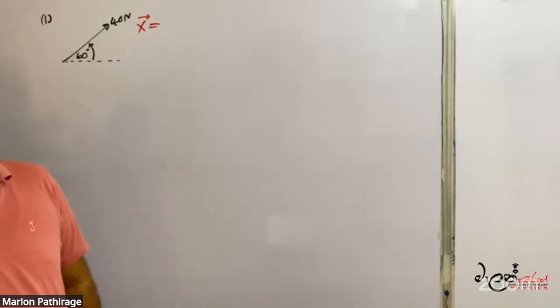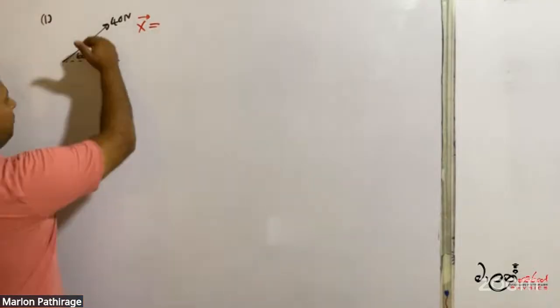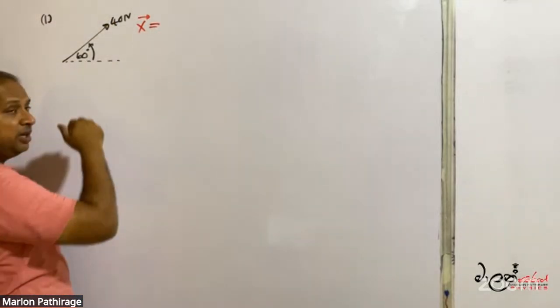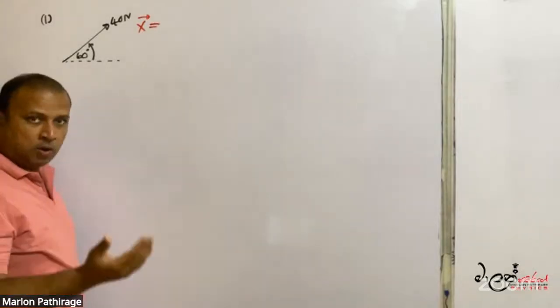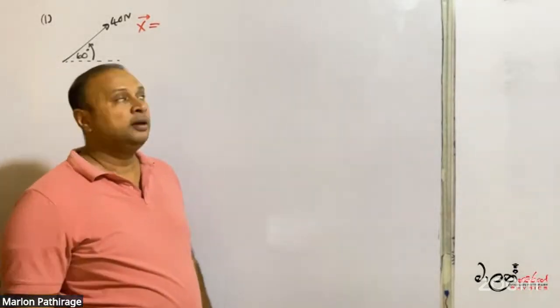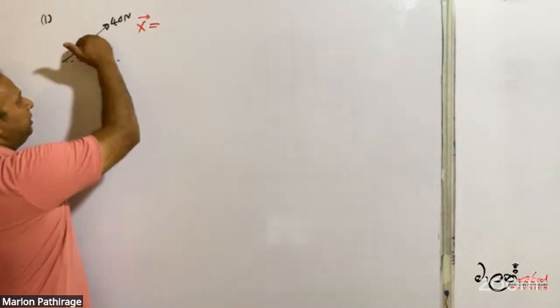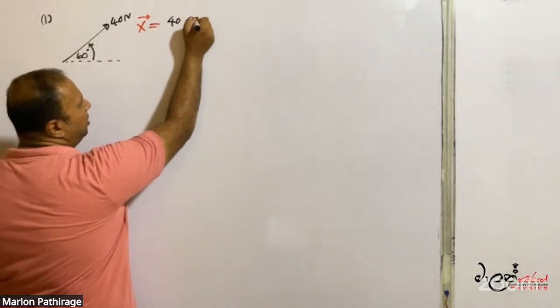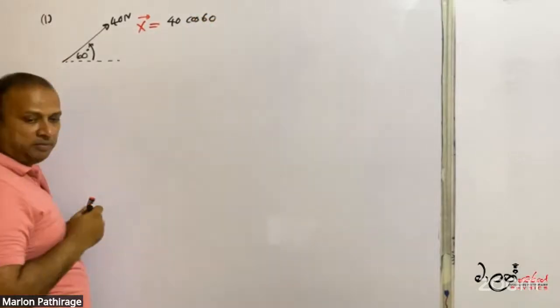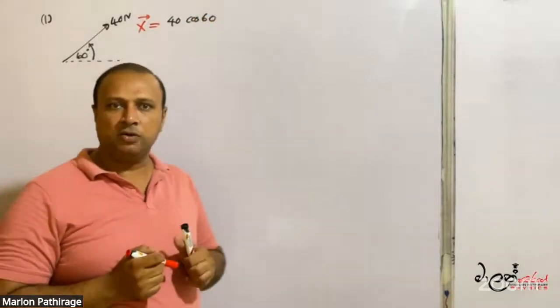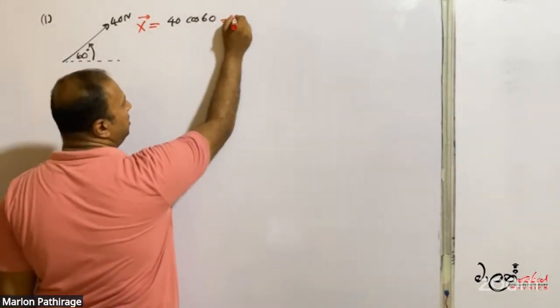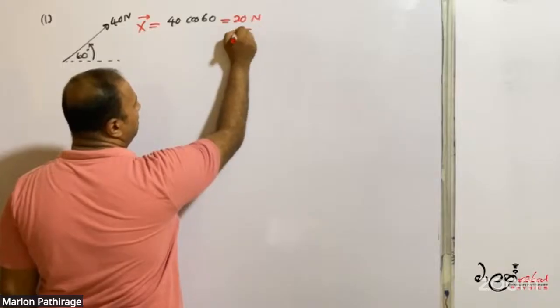Yes. It should be 40. Now you are resolving it into the direction of the angle. That means cos. And it should be 40 cos 60. Cos 60 is equal to half. Therefore, 40 into half means 20 Newton.